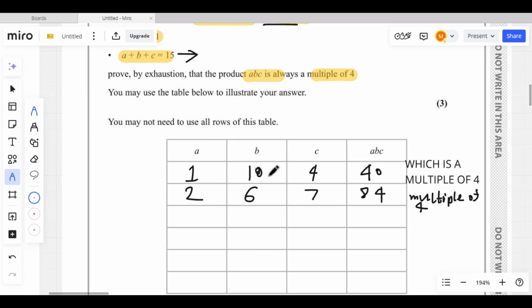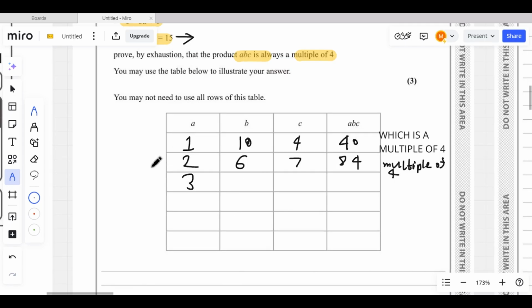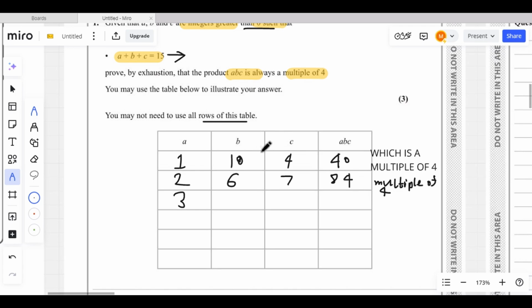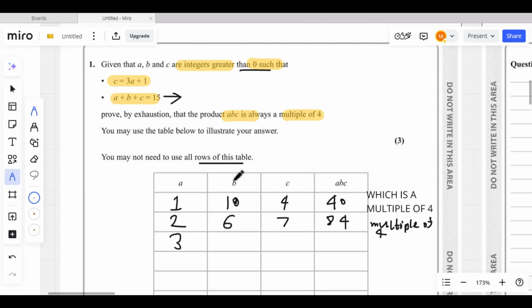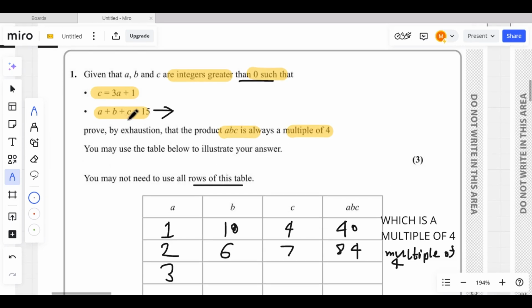Okay, next. We can take the next value. So there are basically 6 rows. The question said you may not need to use all rows in this table. So out of 6 rows, if you take just 3, that's enough to finish the proof. Okay. So the value for A is 3 there.